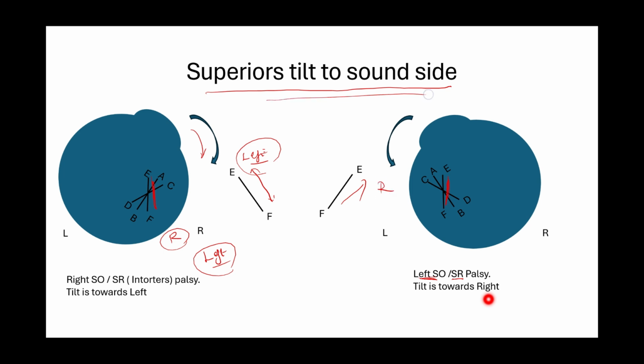So like it says, the superior palsy causes tilt towards the sound side. Here the sound side is the right side. So we have, as per the dictum, superior palsy has caused the tilt towards the sound side.